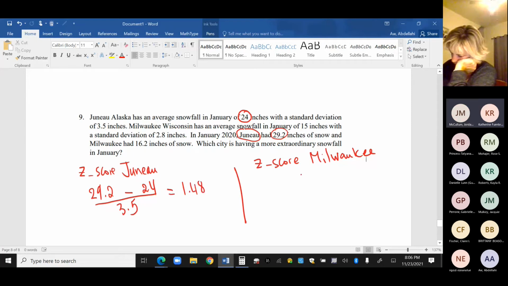The z-score for Milwaukee is now how much? Tell me. 16.2 minus what?